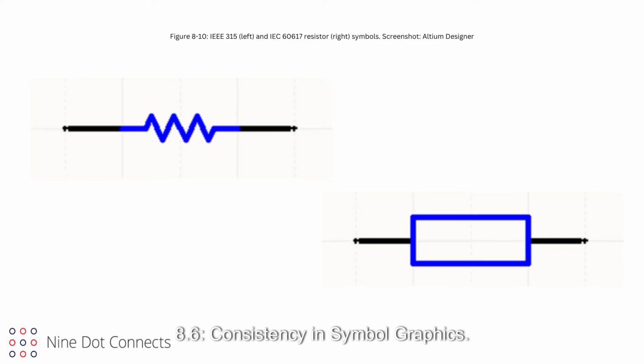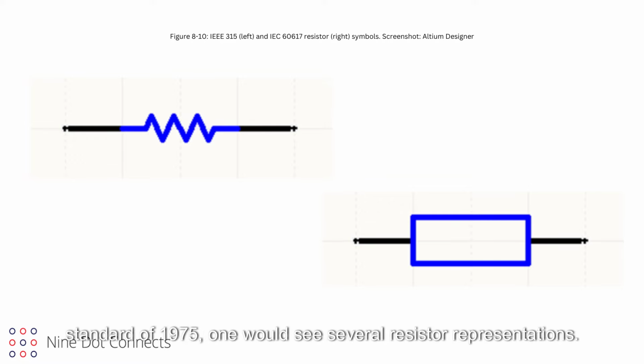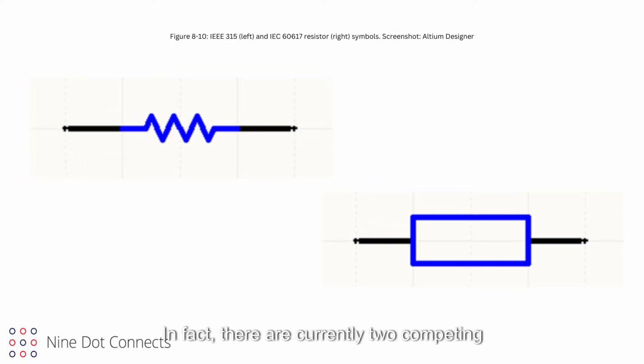8.6. Consistency in symbol graphics. Discrete components have taken on several symbolic representations over time. If one were to look at the ANSI 315 standard of 1975, one would see several resistor representations. In fact, there are currently two competing standards for discrete resistors.